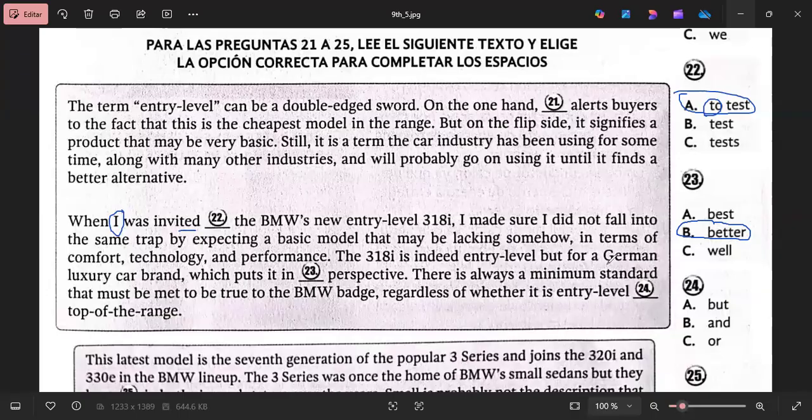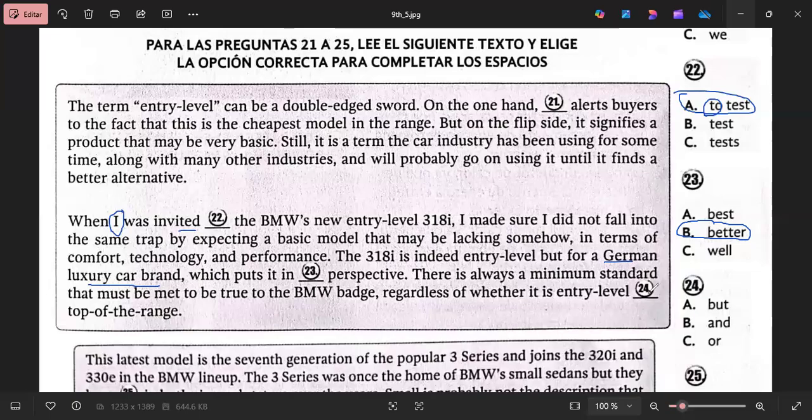Because we're comparing German luxury car with probably implicitly, of course, other countries or other industries or other, let's say, companies' products, right? For example, in Japan or in France, in Italy, or in North America, which are the greatest manufacturers of vehicles.